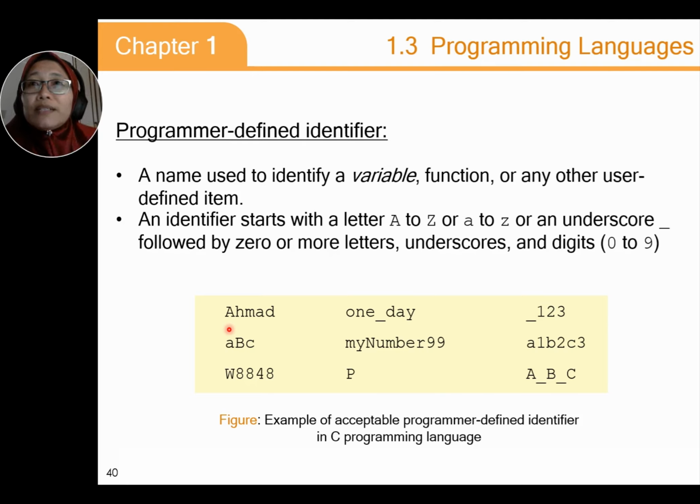This identifier starts with an uppercase A. This is a mix of uppercase and lowercase characters with numbers. Here we have an underscore, which is also acceptable. Lowercase combined with uppercase and numbers is also acceptable. Just a single character is also acceptable. Starting with an underscore is acceptable.